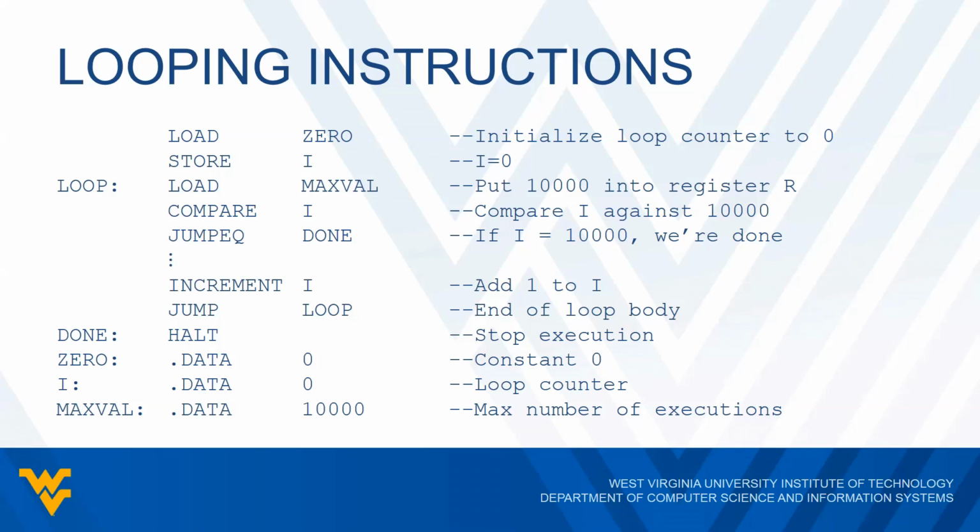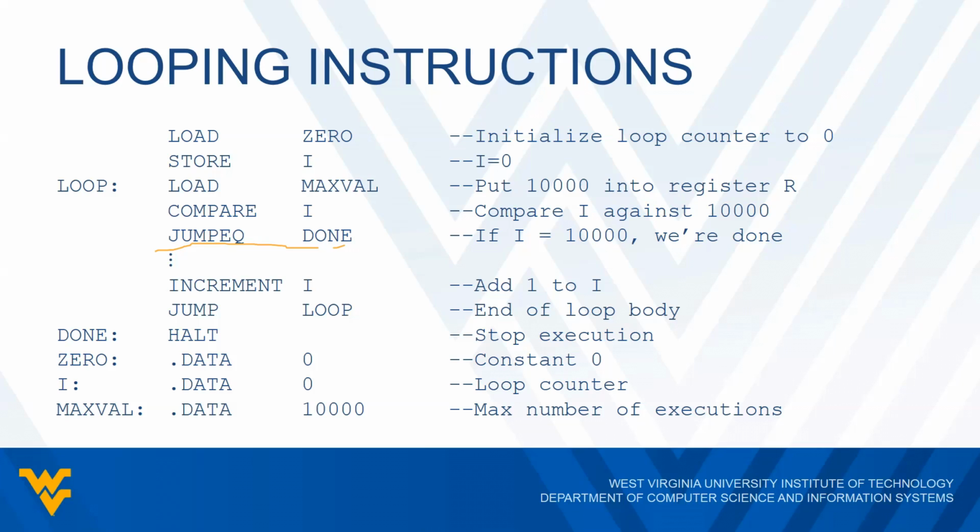So we're going to put 10,000 into register R, and then we're going to compare that value with I. And so we're going to check to see whenever I becomes 10,000, we're done with our loop. So that's where this jump EQ done instruction comes into play. If this is actually true, then that means I is at 10,000, we're done, we can jump to done, and we're over with.